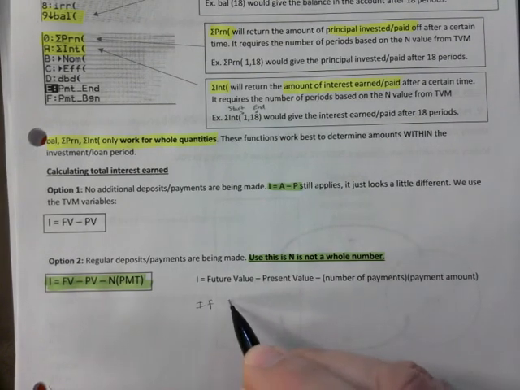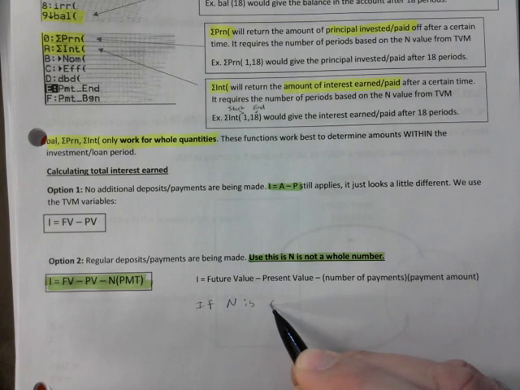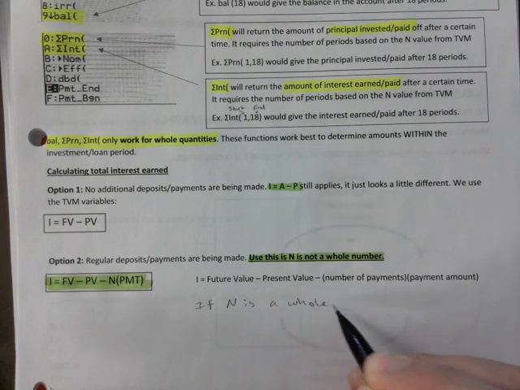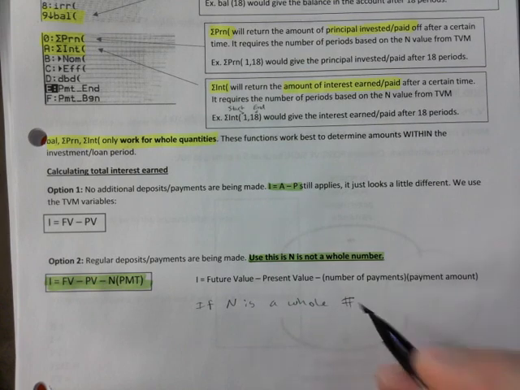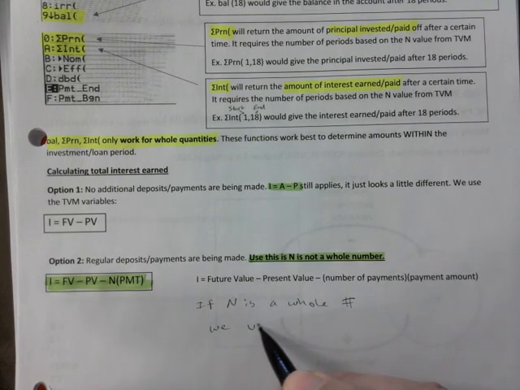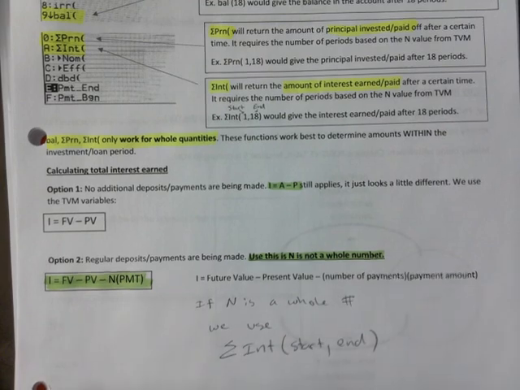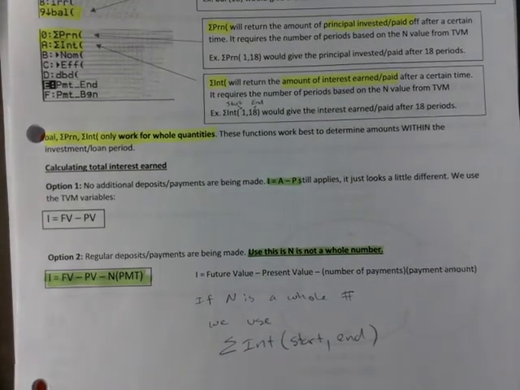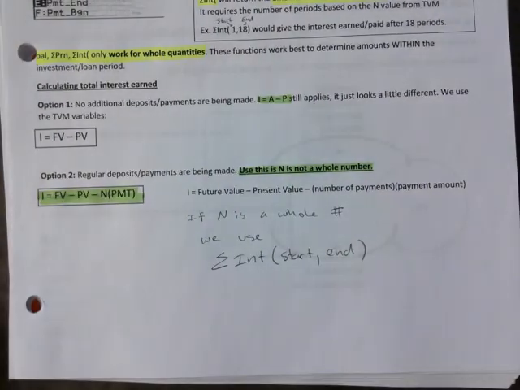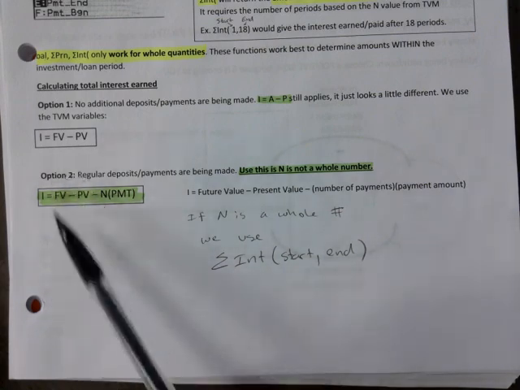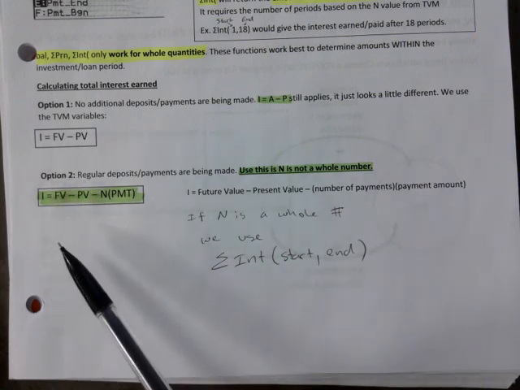If n is a whole number, we use this one, interest start end. These are formulas you use if n is not a whole number.